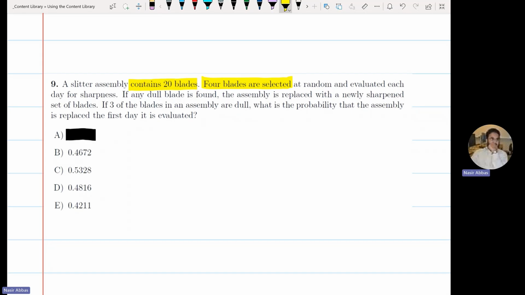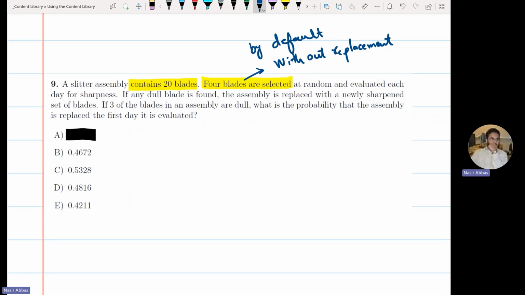Now here, because they are not mentioning whether these 4 blades are selected with replacement or without replacement, we'll assume by default without replacement. So out of these 4 selected, if any dull blade is found, the assembly is replaced with a newly sharpened set of 20 new blades.